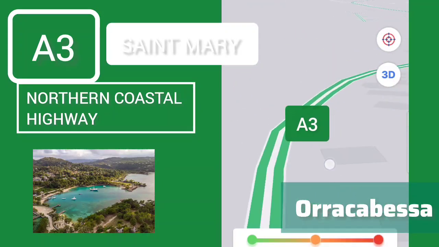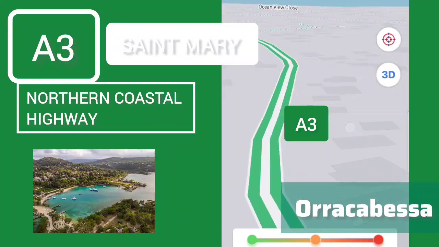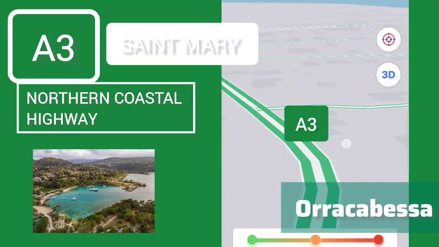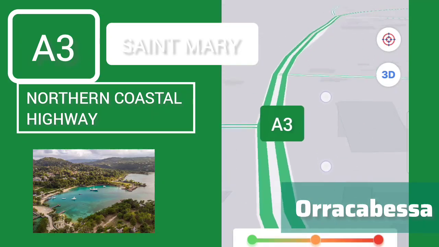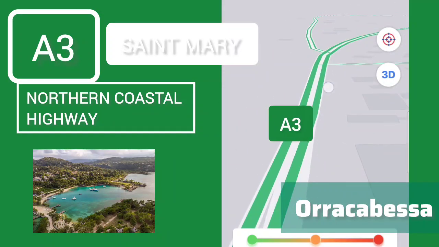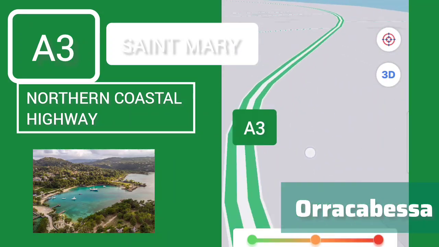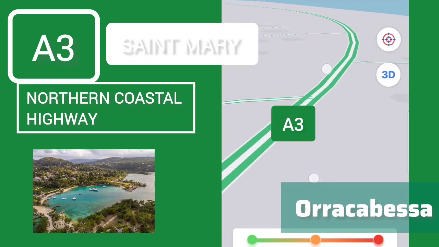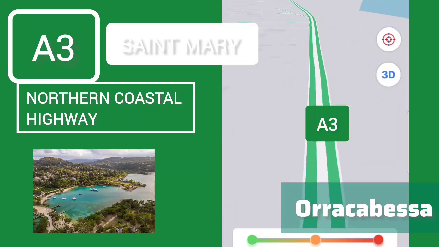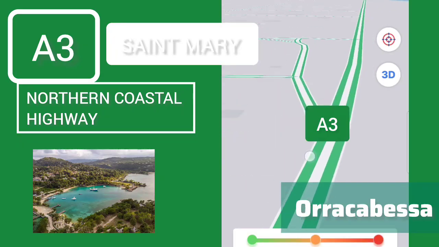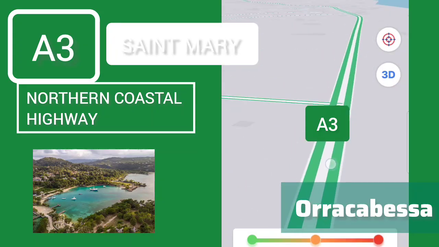Oracabessa, St. Mary. And when we're at the Ian Fleming International Airport, then you know that we have entered Boscobel. So we're still within Oracabessa, but at this point, we should be exiting Oracabessa and heading to Boscobel.